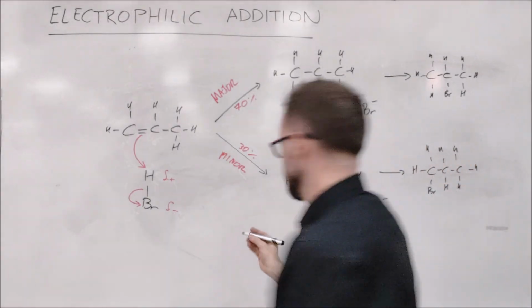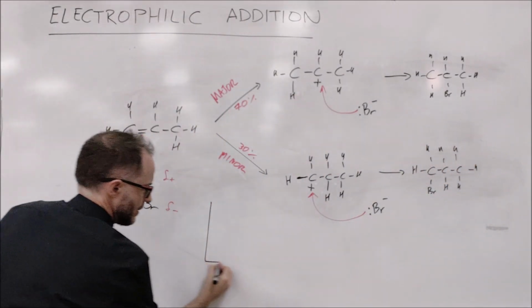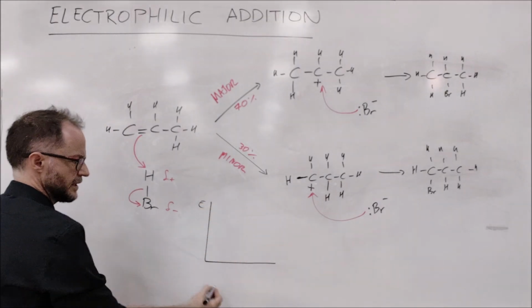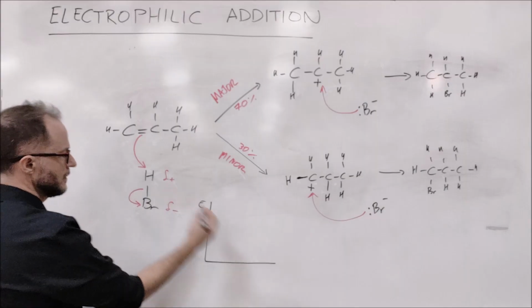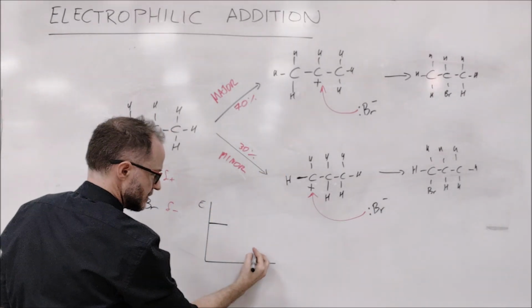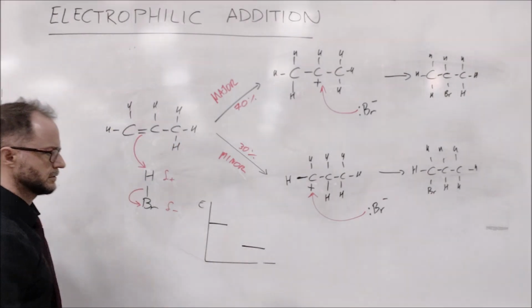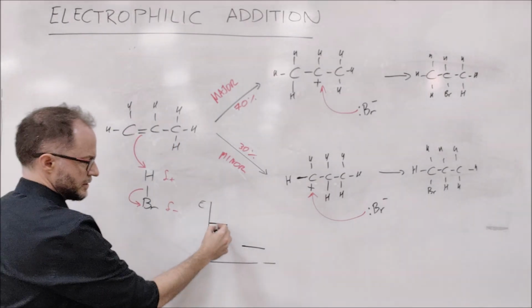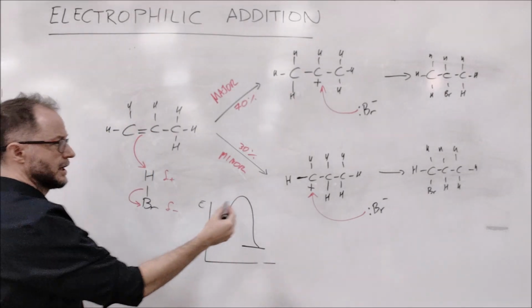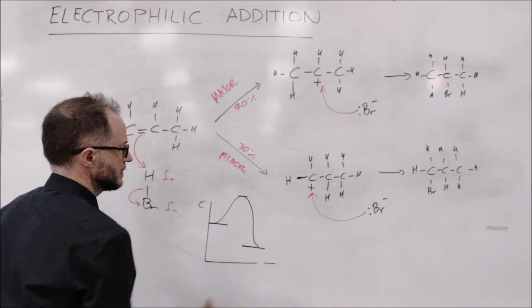In a nutshell, that means, if you remember your energy level diagrams, where you've got energy over here and the reaction coordinate down here, we have the reactant here, this one, the products down here. Now, to get from there to there, we have to overcome an energy barrier, which is forming the primary carbocation.